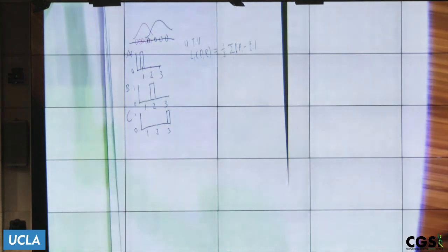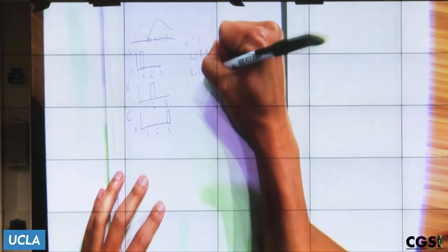So it's very simple. If I look at these two distributions, just think of them as two vectors and take the absolute distance between these two vectors. So what is the total variation distance between A and B here?